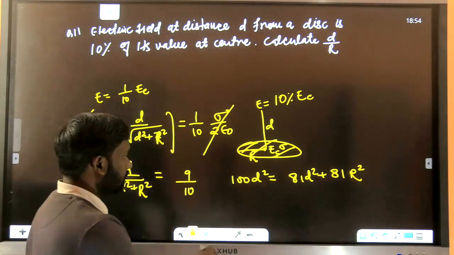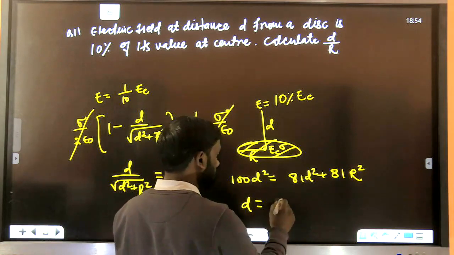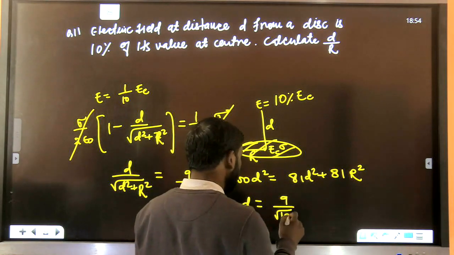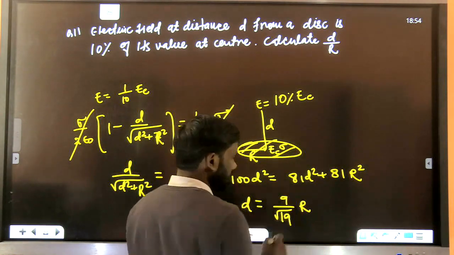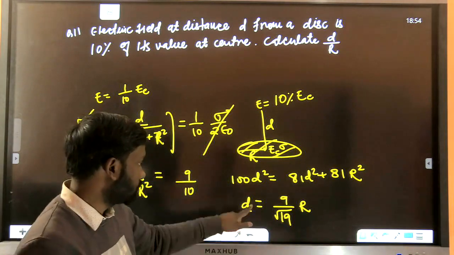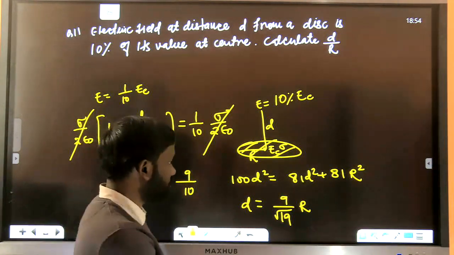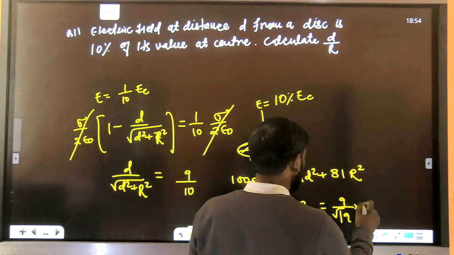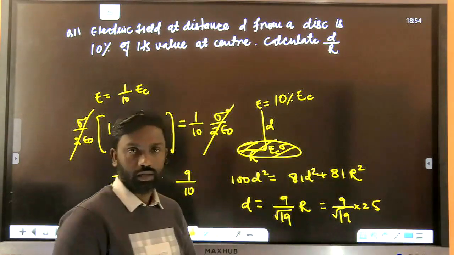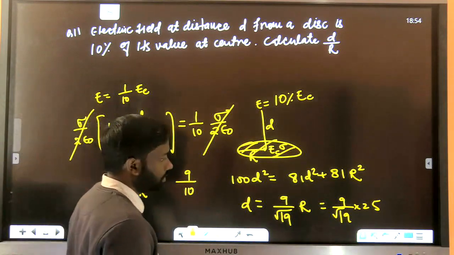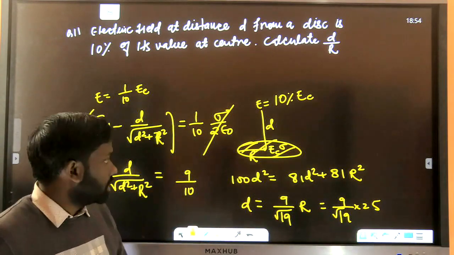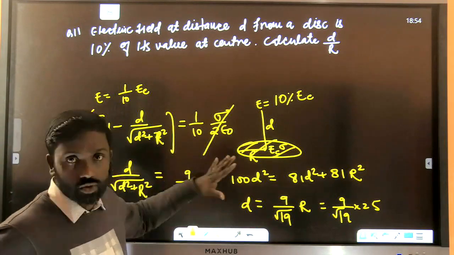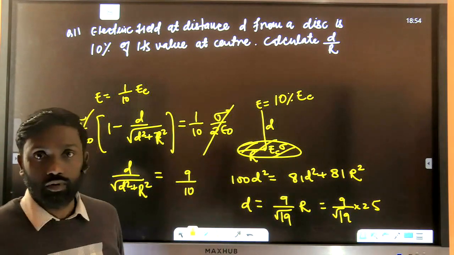Bring it to this side, and you get d ultimately equal to 9 upon root 19 r. The r was given to be something, perhaps 25, so you get 9 root under 19 into 25. That's the answer. So this was one basic question, quite an easy question, of 12th class level actually.